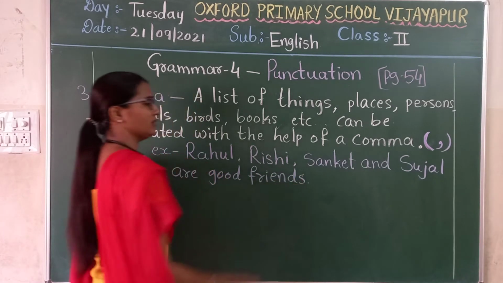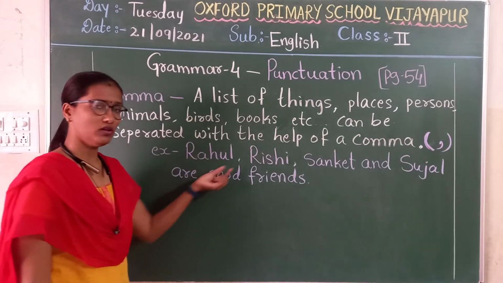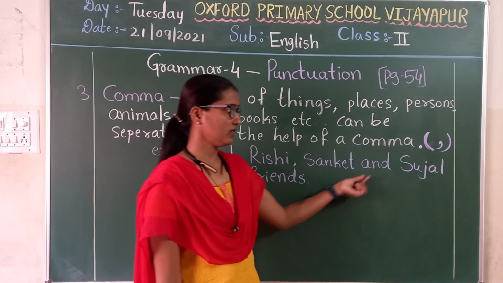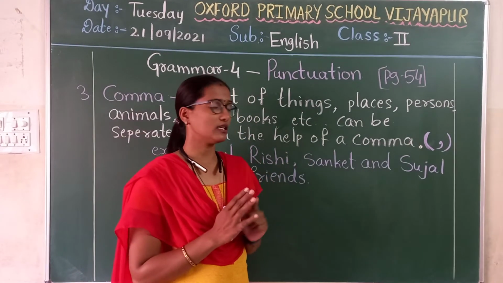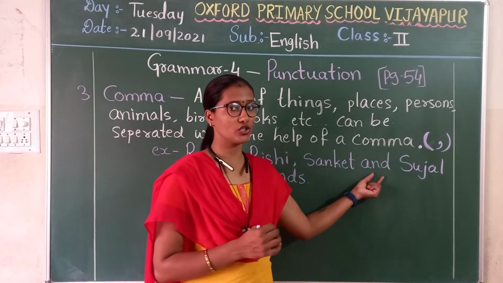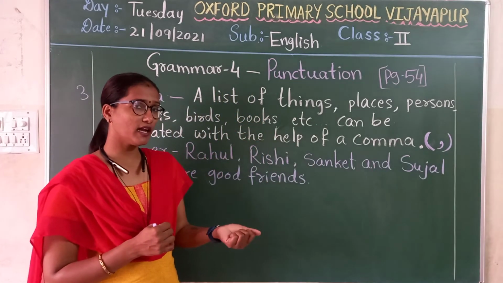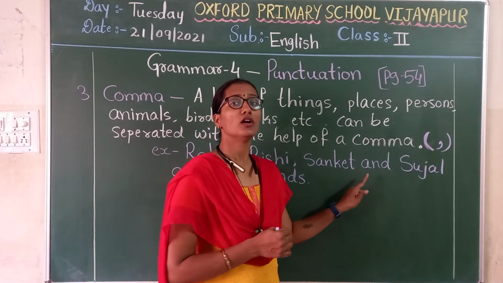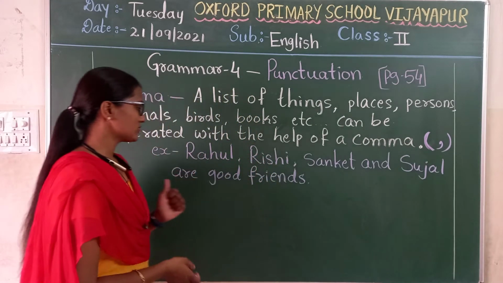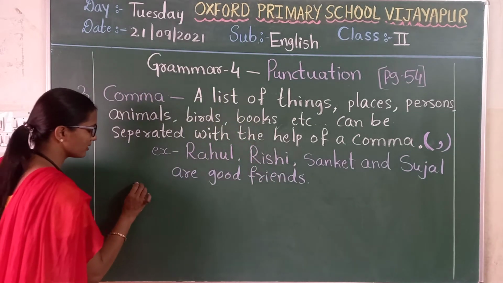So here they have separated Rahul, Rishi, Sanket and Sujan. See, when we are using the "and", the conjunction, we should not put the comma there. Okay? So let us take one more example.